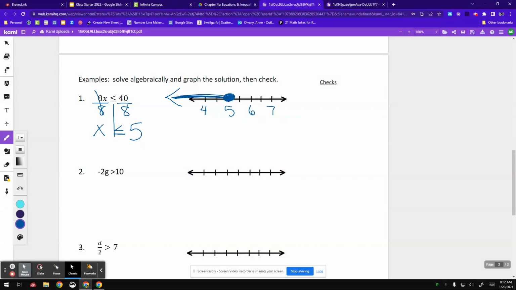So I'm going to plug in 0. 8 times 0 is less than or equal to 40. Does that create a true statement? Yep. So I have shaded the correct way.